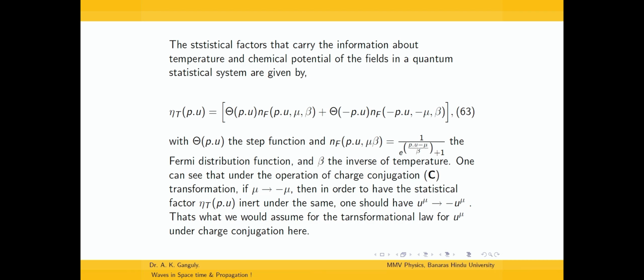And this by inspection follows from the fact that under u going to minus u and mu going to minus mu, the statistical factor of p dot u remains the same. In other words, eta statistical of p dot u should be equal to eta statistical of minus p dot u, and that is obtained at the identification that under charge conjugation the velocity 4 vector also should change.